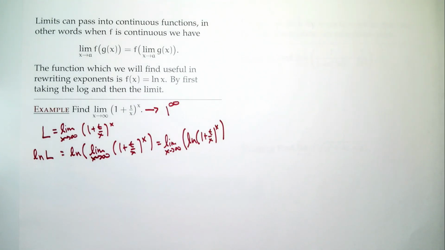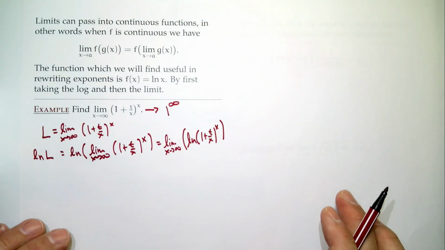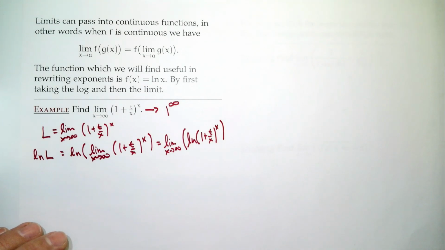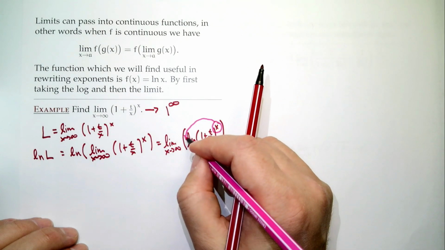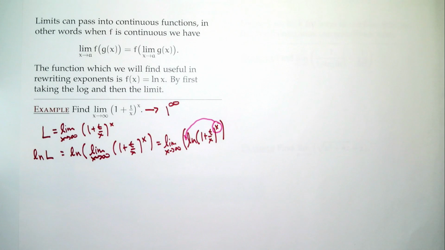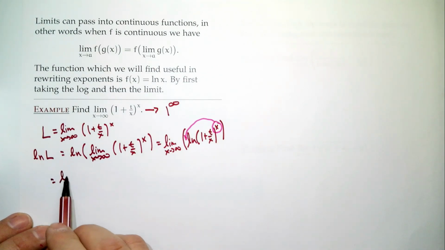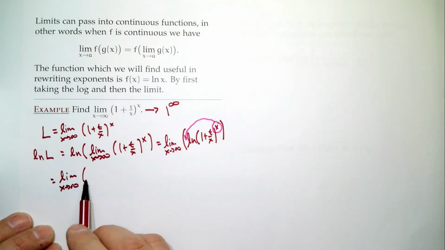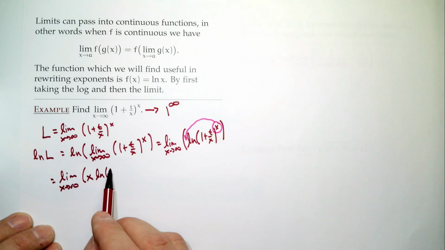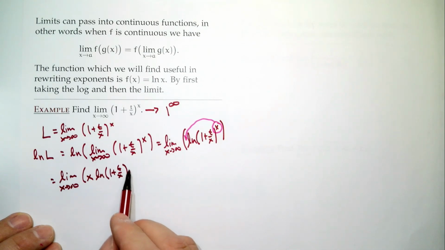Now, what's the property of log that we can use here? Yeah, this x can come down. So this becomes the limit as x goes to infinity of x natural log of 1 plus t over x.